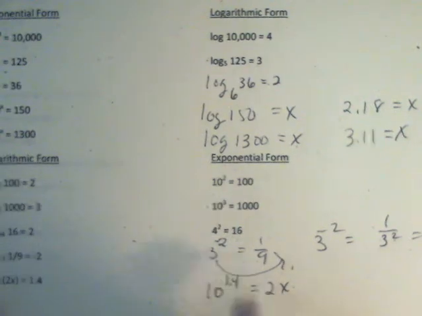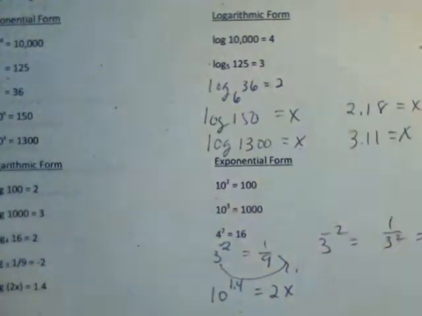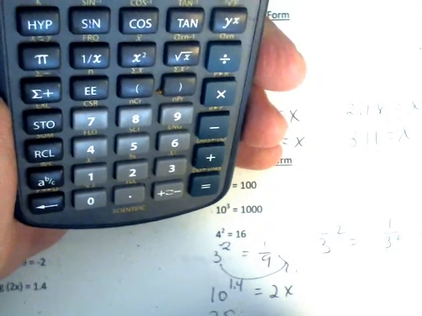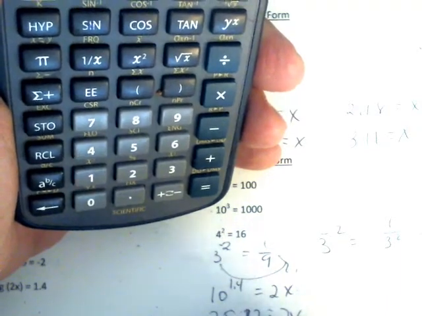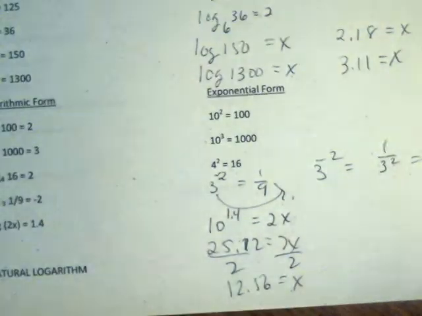So I can solve for x and find out what this is by taking 10 to the 1.4 power, and I get 25.12 equals 2x. Divide both sides by 2, and x is 12.56. Okay? So that's pretty much the transformation.